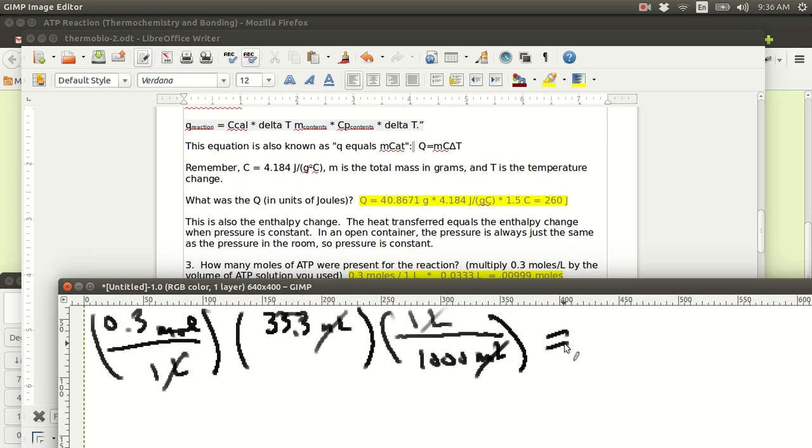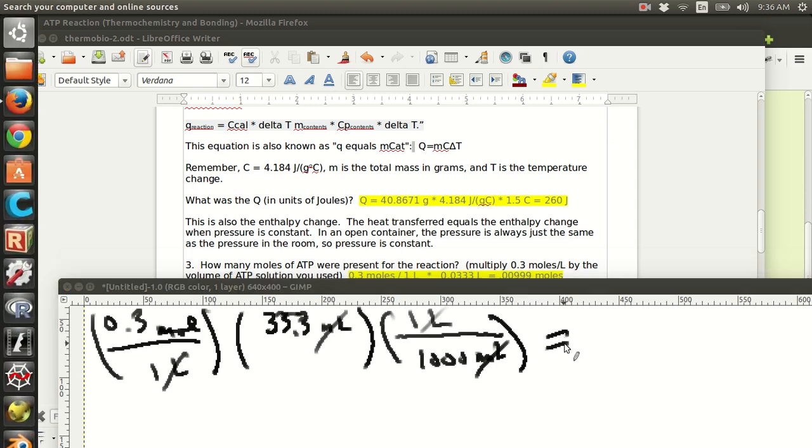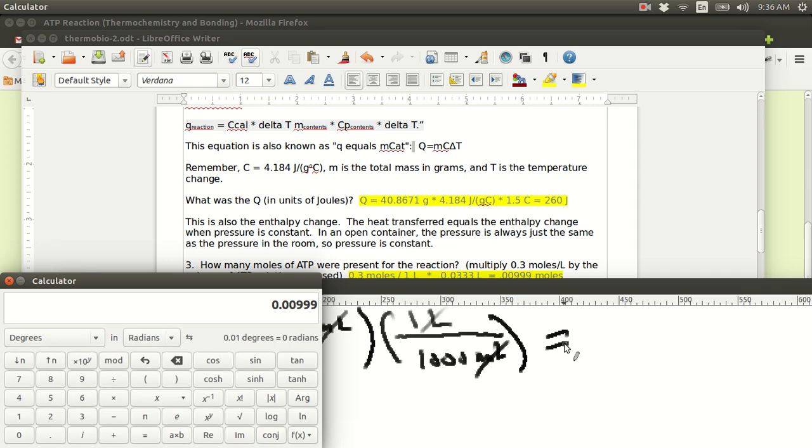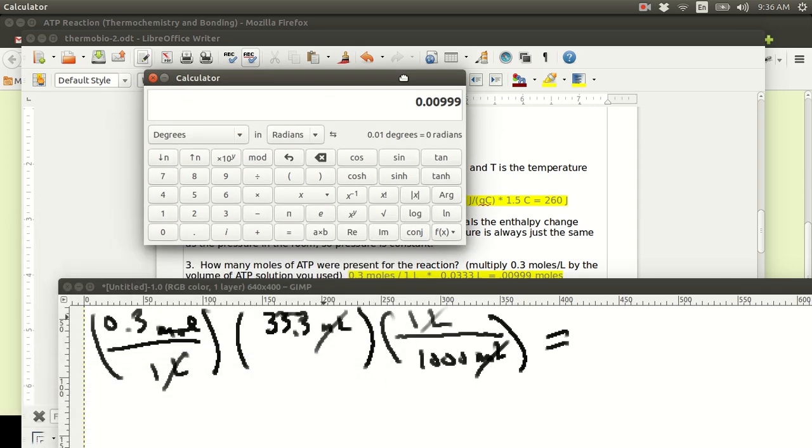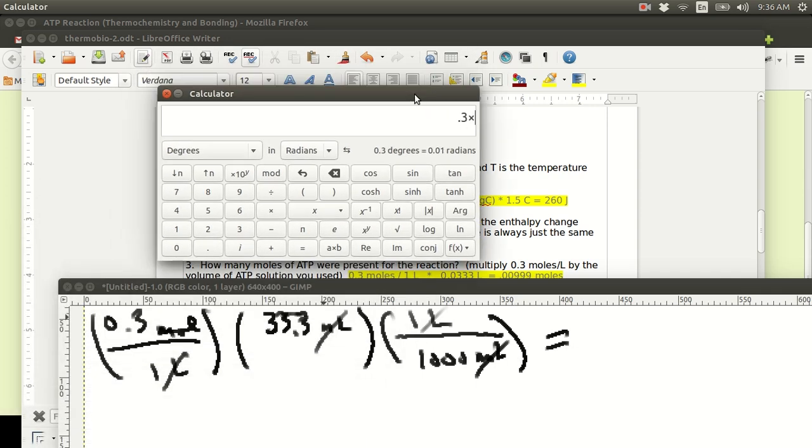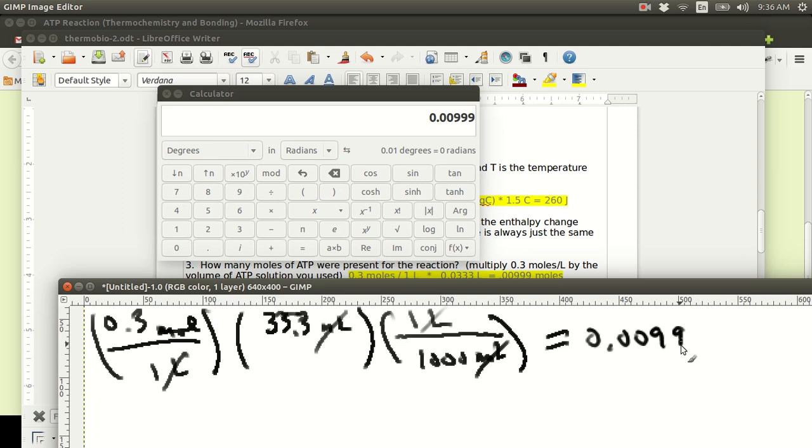So I do that on my calculator, and it looks like 0.3 times 33.3 divided by 1,000, and that's 0.00999, and that's in moles.